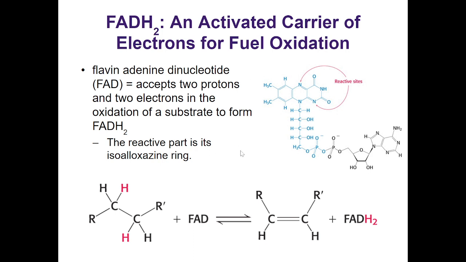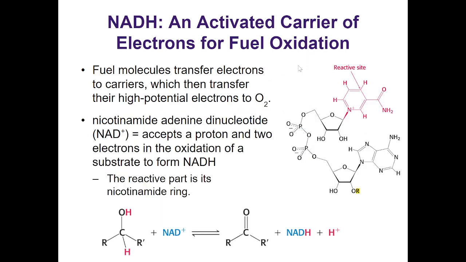The reactive part is going to be the isoalloxazine ring. And again, this is your reactive site here. Notice that was your reactive site before, and these are heterocyclic conjugated rings. What did you guys learn about heterocyclic conjugated rings?